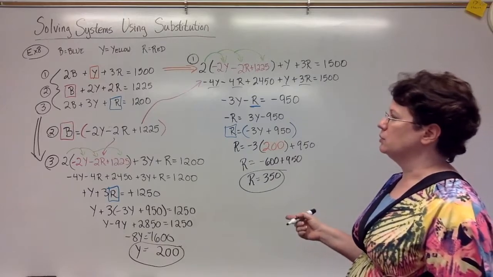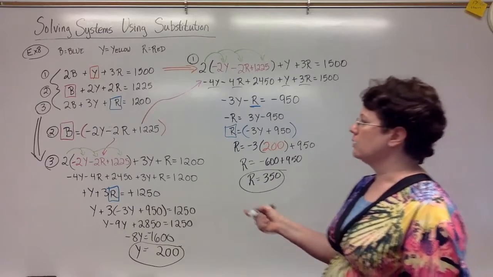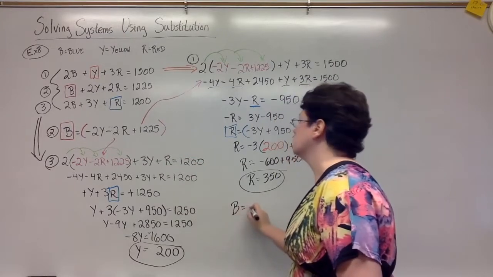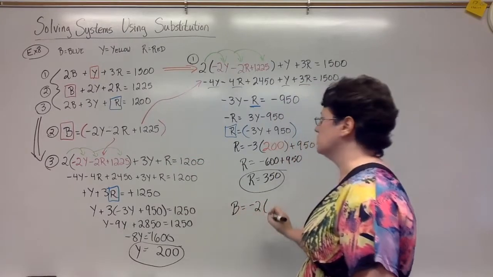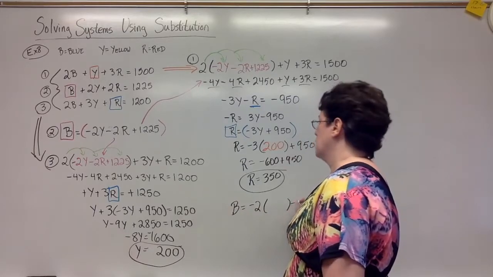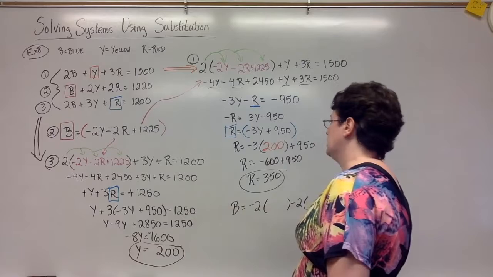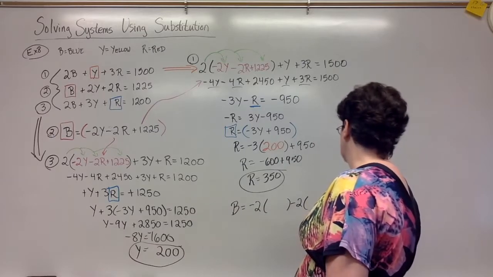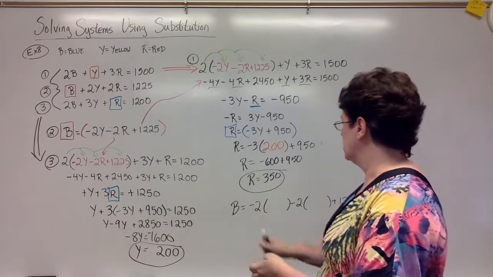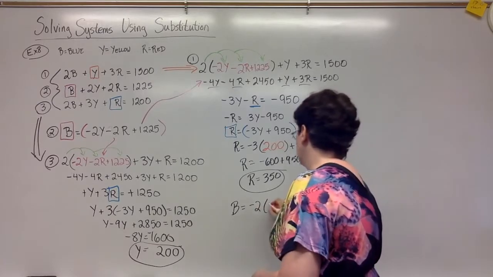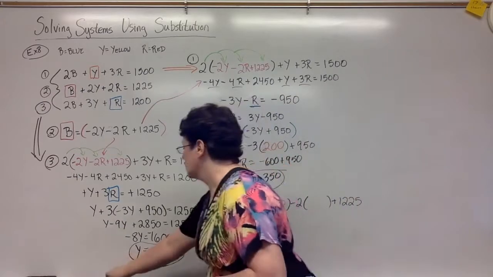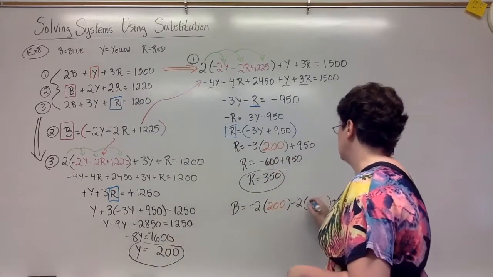Now I just got to find blue. Well, we got the equation for blue right here, right? So my blue is going to equal negative 2 times yellow, 200, minus 2 times red plus the 1225, right? So let's plug those values in. So my yellow was 200. My red was 350.